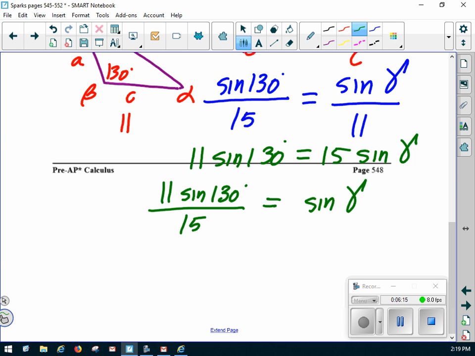How do I get gamma by itself? Sine inverse. So, way to go. Instead of writing all this again, let's just put sine inverse.